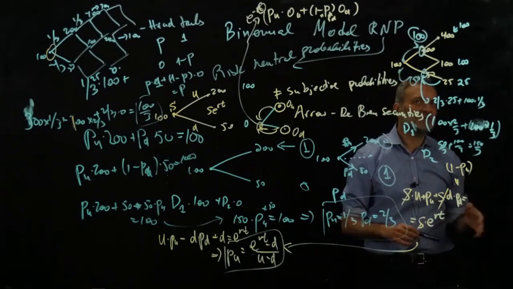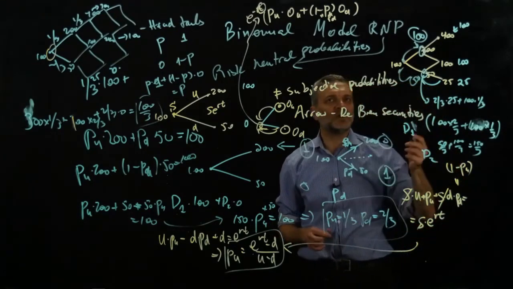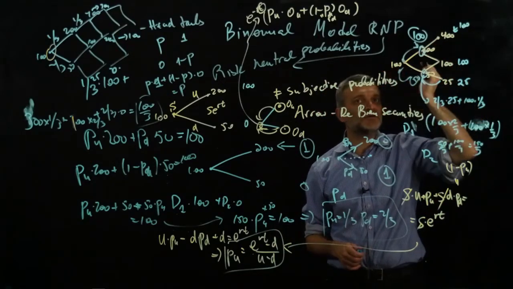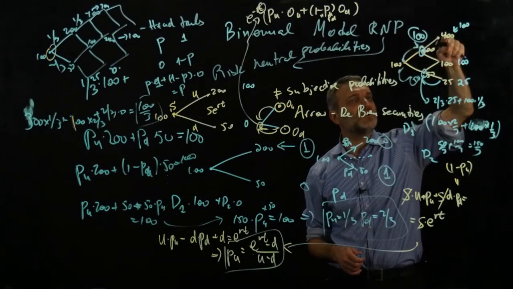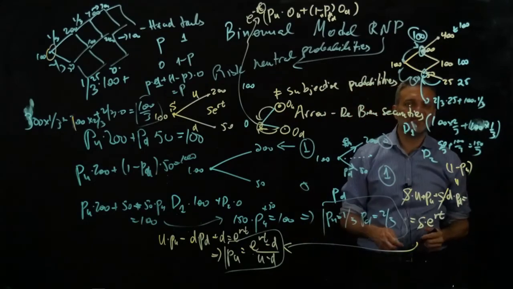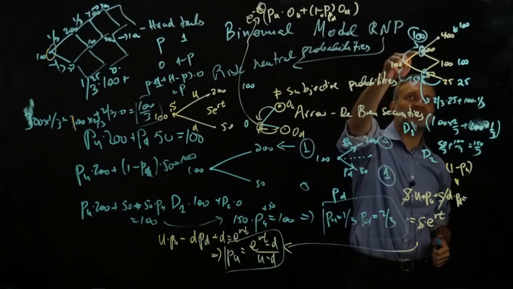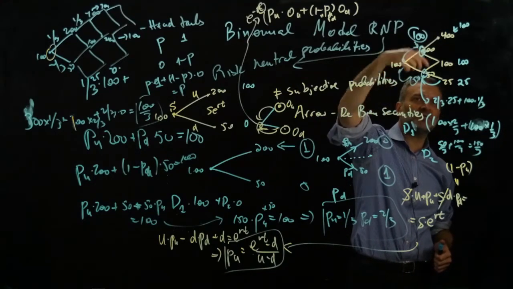Now, there is something called American options. I don't want to talk about this too much, but if you have an American option, you have an early exercise option. What you want to do is compare your payoff here with the price of the option coming back. If the early exercise is worth more, let's say you exercise here and your payoff is 50, and when you come back it's 40, so you will exercise.